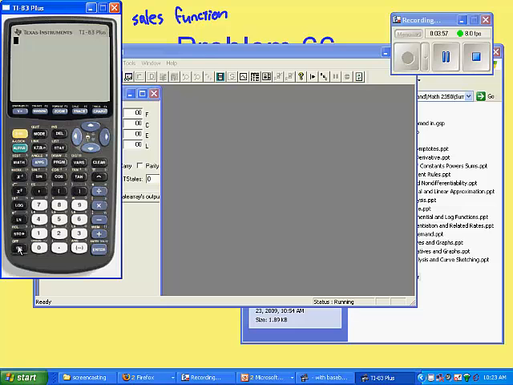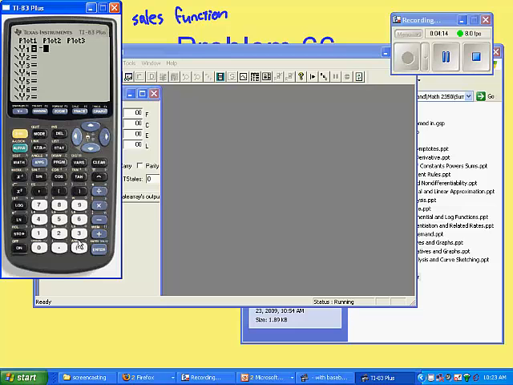So let's see, what am I going to do? I like to put my function in the y equals screen so I can see a graph of it. That helps me. So I'm going to write y equals. Make sure that plot's not highlighted. And I'm going to go ahead and type in the function. So what do we have?